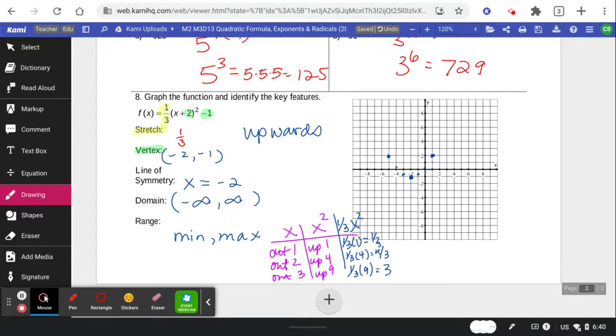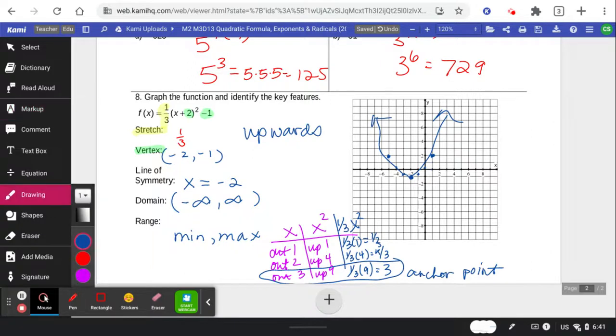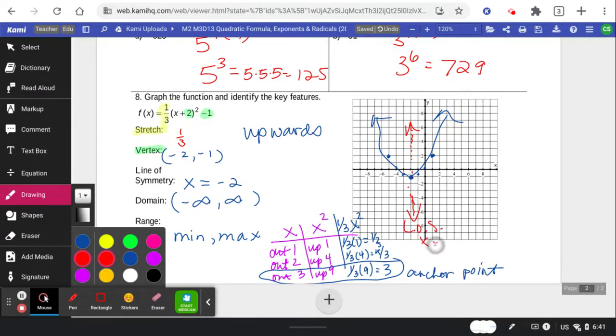So that's where we get that out 3, up 3 as an anchor point for the 1/3 stretch. And then you're just going to go ahead and connect it as best you can, hopefully prettier than mine. And then you're going to draw in the line of symmetry straight down the middle of that vertex and label that line of symmetry at x equals -2.